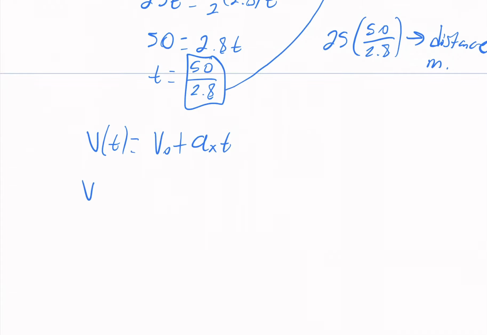I can say my velocity at 50 over 2.8, this is for Tina, is equal to the initial velocity, which we know is 0, plus the acceleration, which is 2.8, times the time, 50 divided by 2.8.